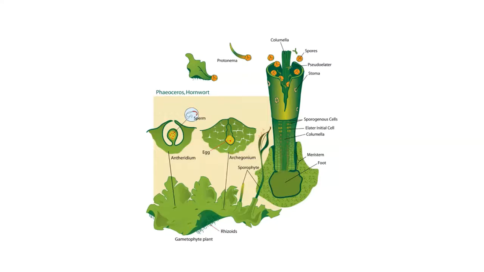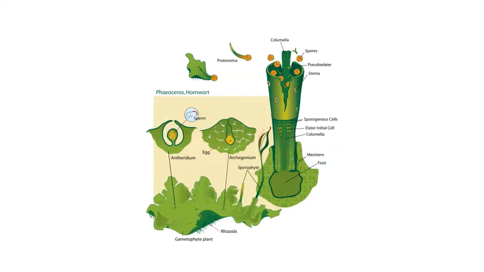The sporophyte produces spores which are haploid. The spores are released. The spores germinate to form the new gametophyte. So we started with a gametophyte, and now at the end again we are getting a gametophyte. So one circle is completed, and that completed circle is referred to as alternation of generation. It is a life cycle.